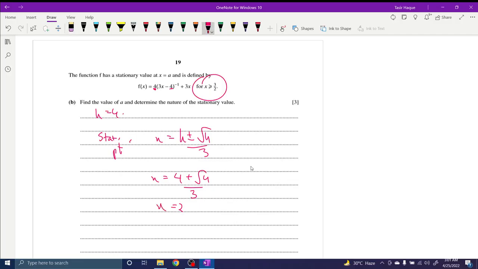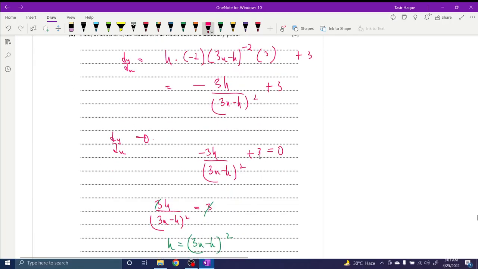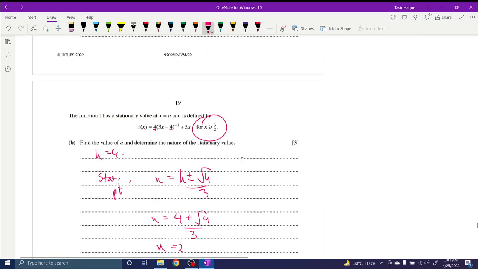Now we want to determine the nature of the stationary value. For that we need to find dy by dx anyway. dy by dx was this equation, right? Let's just do it manually. So dy by dx is equal to 4 into minus 1, (3x minus 4) into 3, plus 3, right?